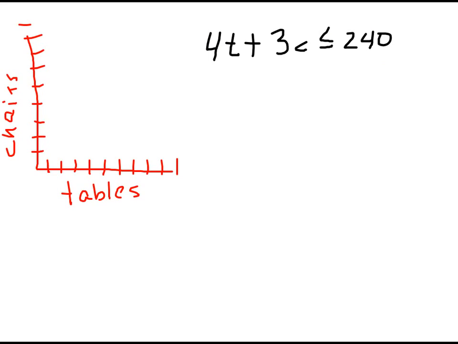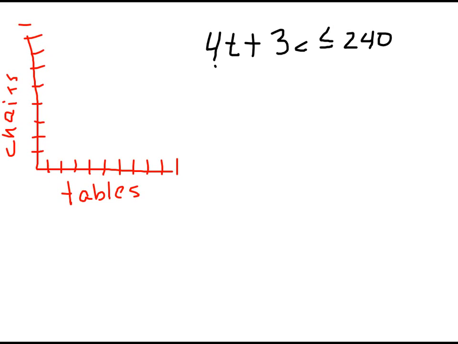The way we do that is we substitute 0. So we're going to substitute 0 for both t and c to figure out what each equals. So let's just walk through that.